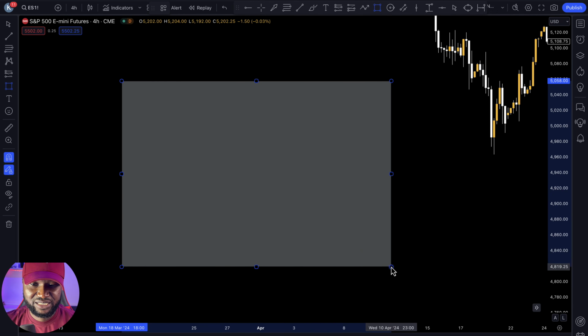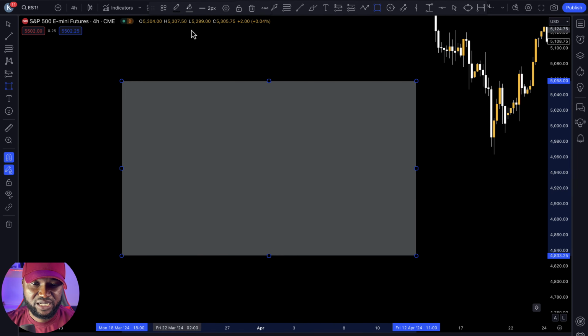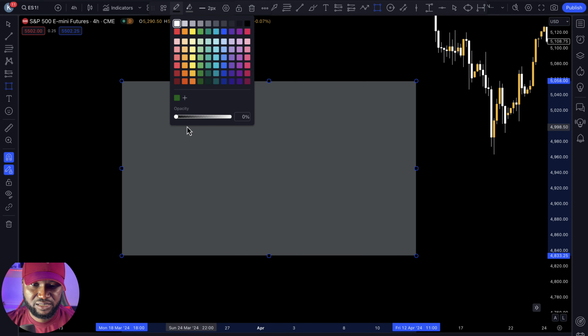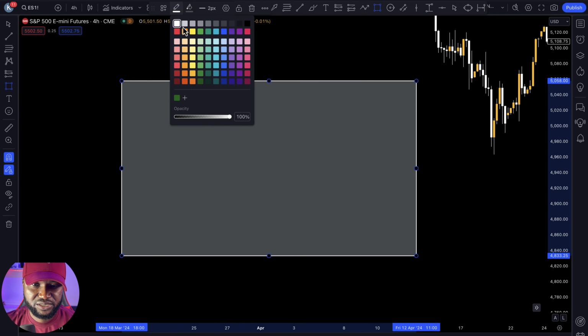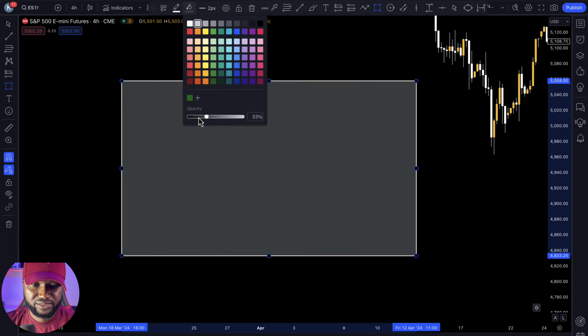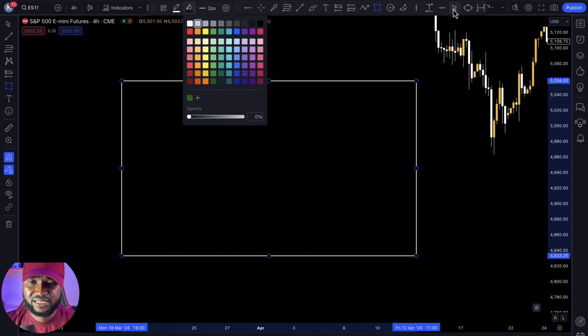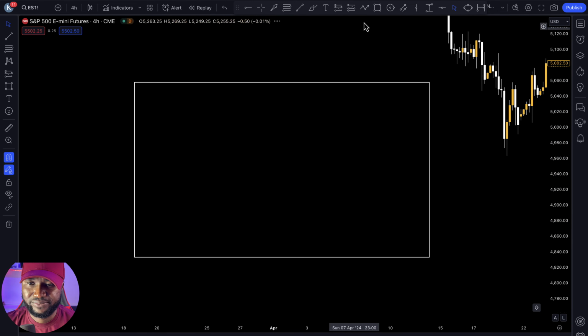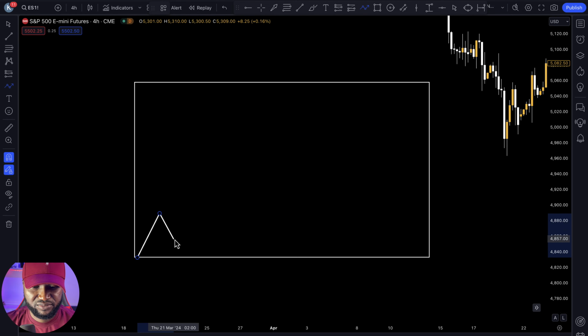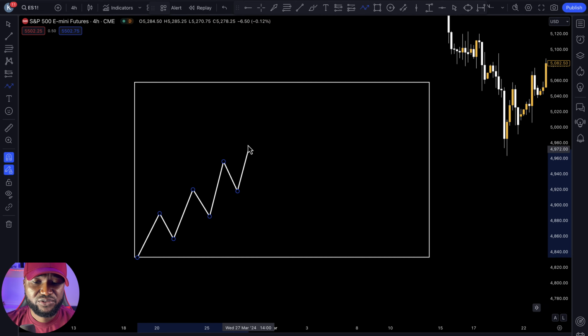Let me show you this example here. Assuming I have this price range, let me identify it properly so you can see it. Perfect. Let's say this is my price range. And then price decides to go in this direction. Just something very simple and straightforward. And all of you know that this is what we call an uptrend.